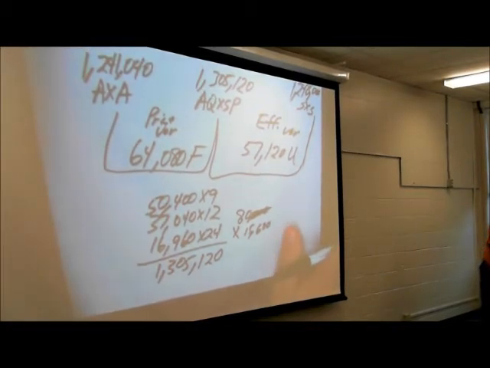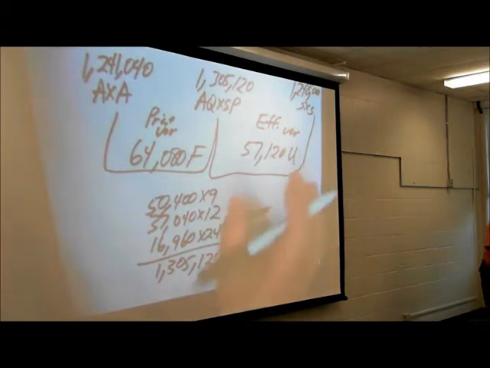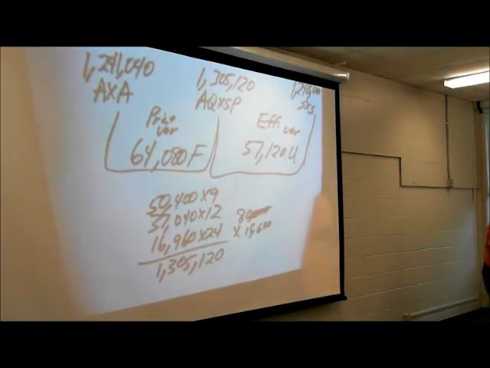Now that's what we've done so far in the prior chapter, right? Everybody with me and okay there? Now we're going to take this 57,120 and break it down into mix and yield variances, okay? Basically what we need to do is do each material separately.